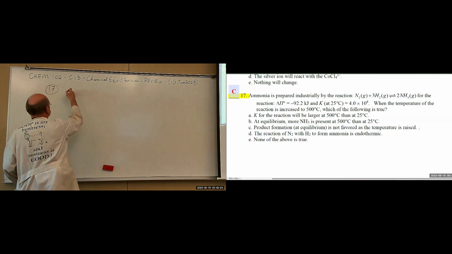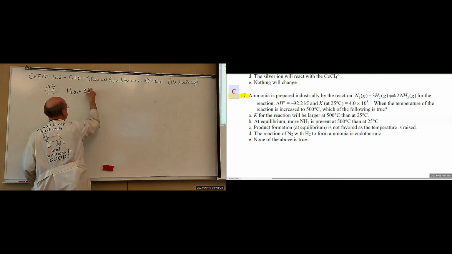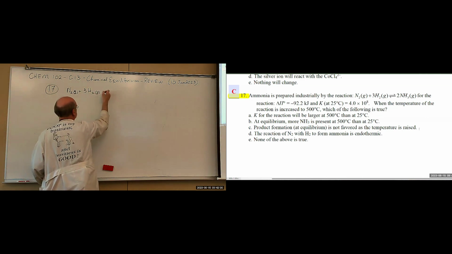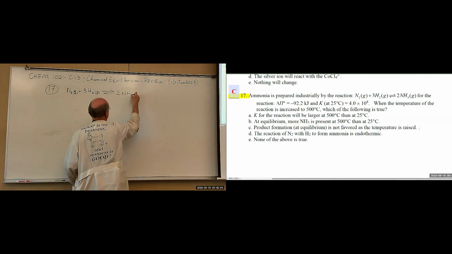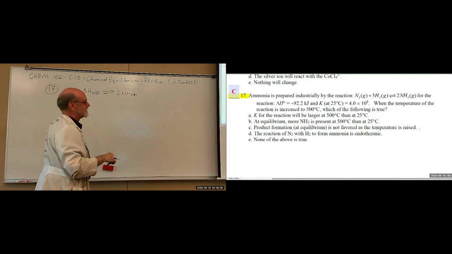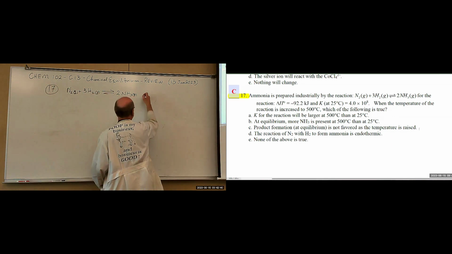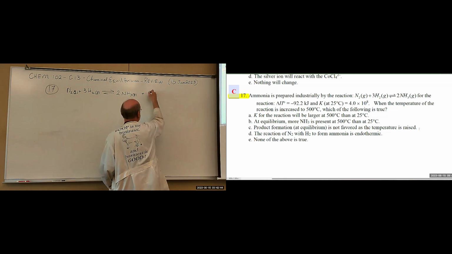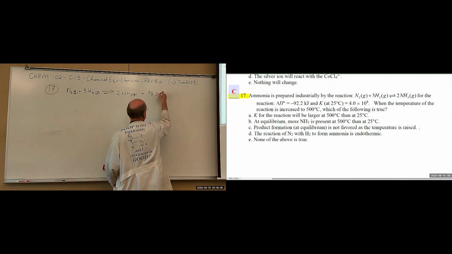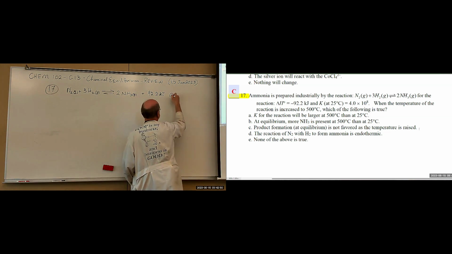So we've got nitrogen gas plus hydrogen gas yields ammonia. Okay. And the delta H for this reaction is, I'm just going to put it in here like that. It's exothermic, so it's going to be on this side of the equation. Kilojoules at 25 degrees.